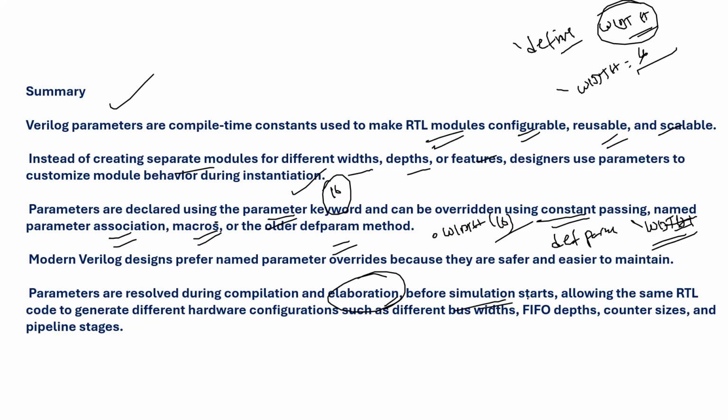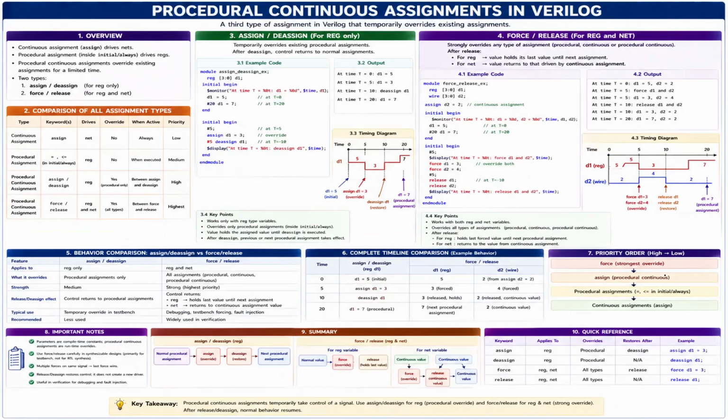Before simulation starts only, we need to change the parameters, and RTL does not allow that during run time. So it allows the same RTL code to generate different hardware configurations such as different bus widths, FIFO depths, counter sizes and pipeline stages. All these places we are utilizing parameters.